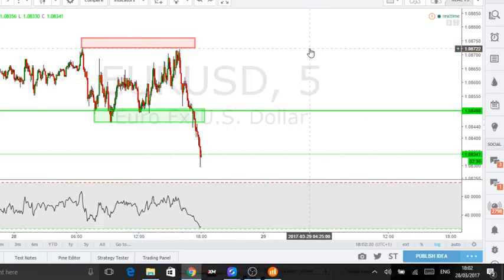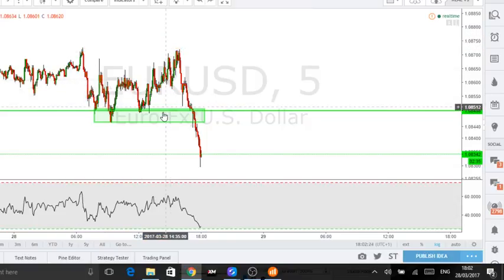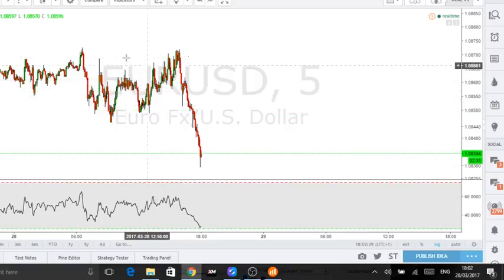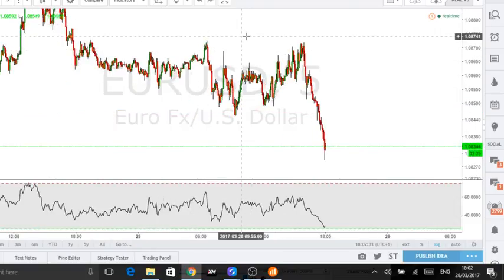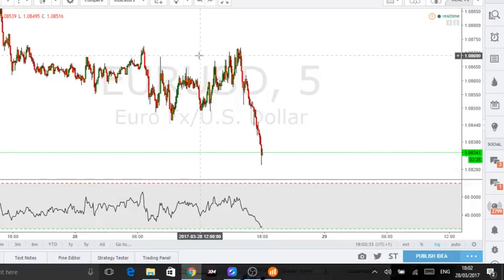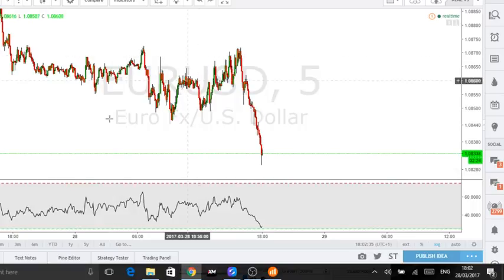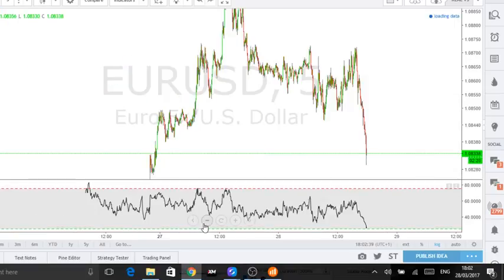Now, how you find support and resistance areas: you basically bring up your chart. I'm currently looking at the five minute time frame. Let me zoom out a little bit more for you guys.